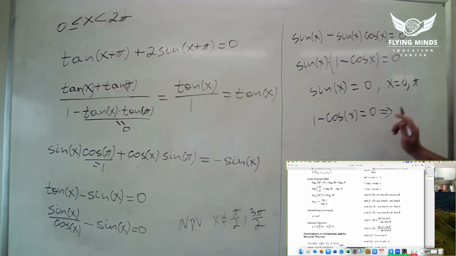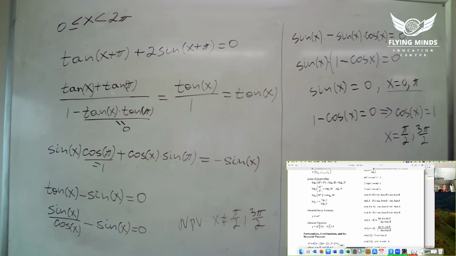So this is the first set, and the second set is cosine x equals 1. So in this case, x equals... Oh no, not pi over 2 and 3 pi over 2, that's where cosine is 0.